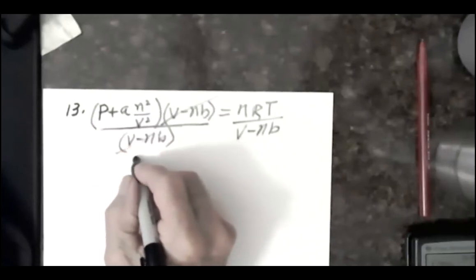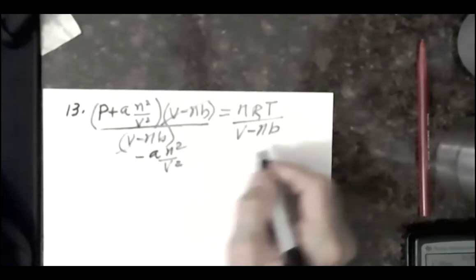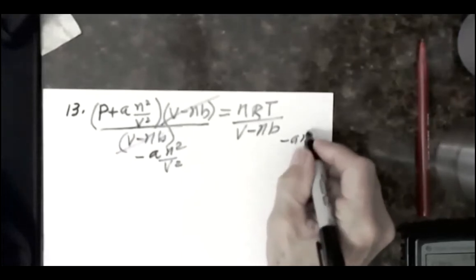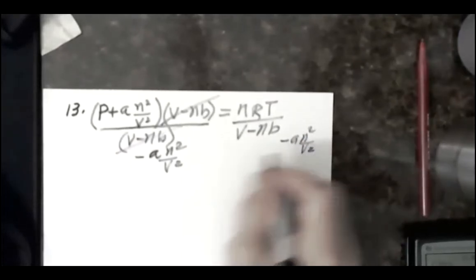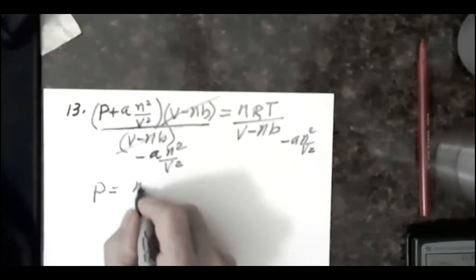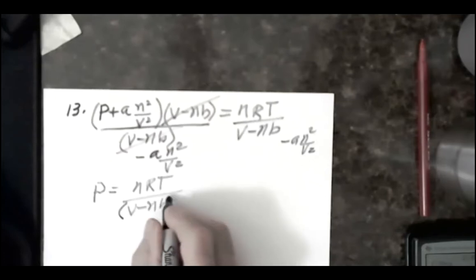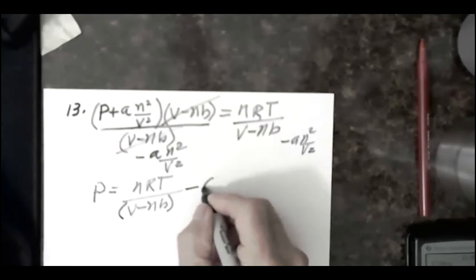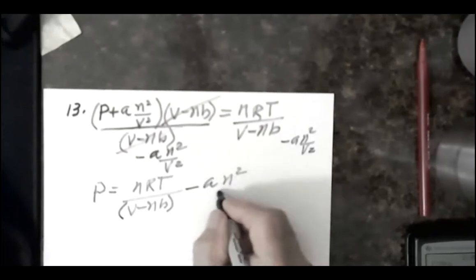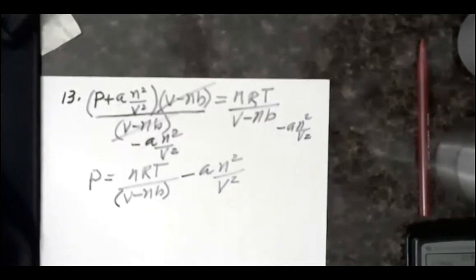Well, now I'm going to subtract AN squared over V squared from both sides. And then this will cancel this, and I'll have P by itself. P is going to be equal to nRT divided by V minus NB, minus A N squared over V squared.